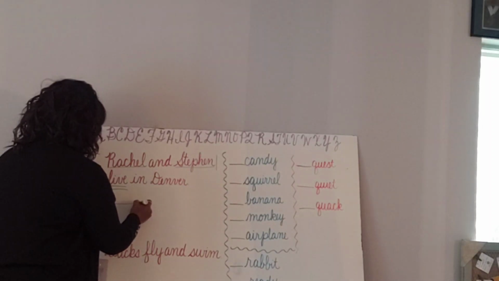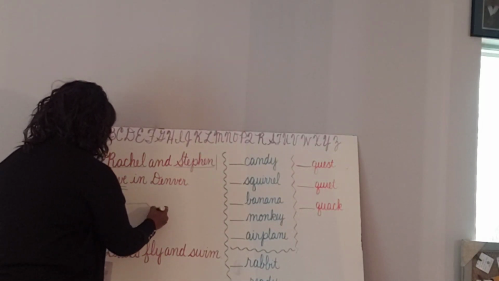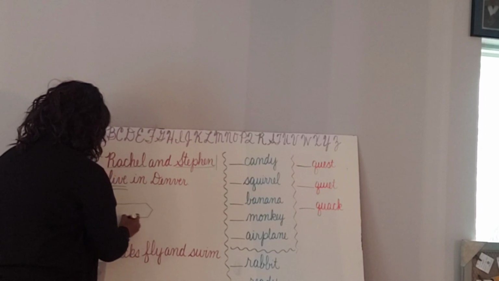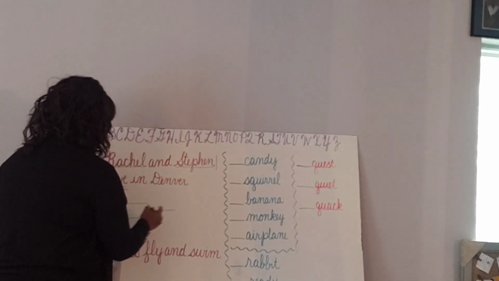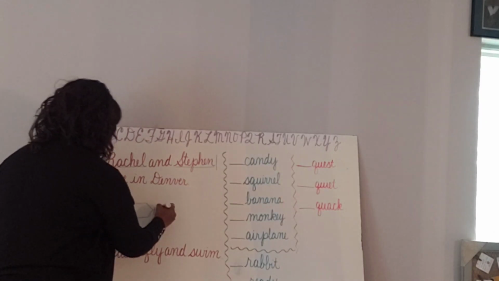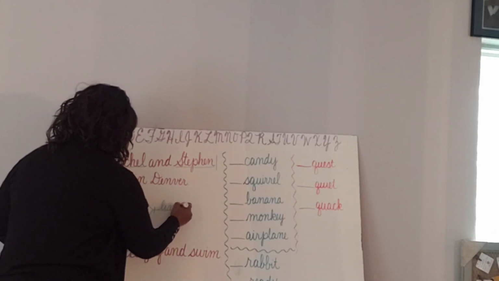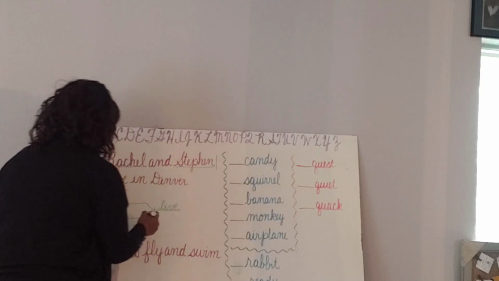So that means our rocket ship has to go on our subject side with just a line on our verb side. Our verb is live, so we write live on our verb side.